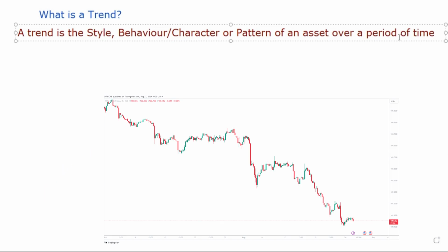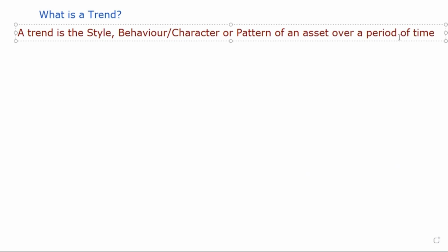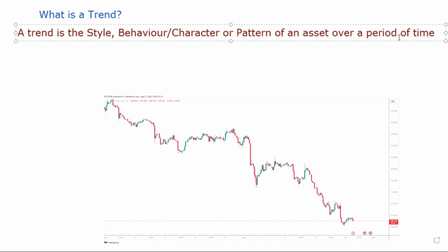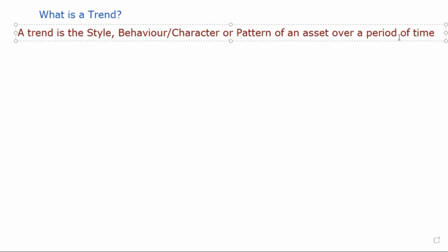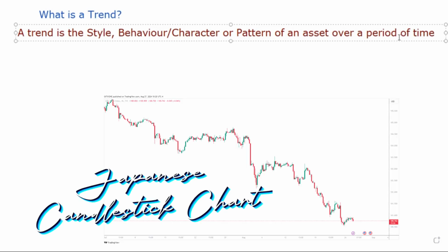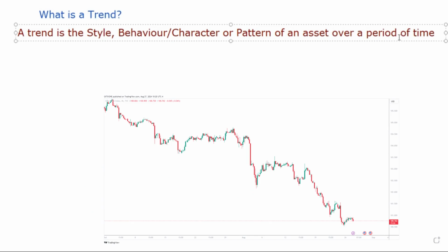You will not know how to analyze the price of an asset if it is not graphically represented for your eyes to see. That graphical representation is what we call the chart. And in trading, more than 90% of traders use the Japanese candlestick chart, which is what we talked about yesterday.